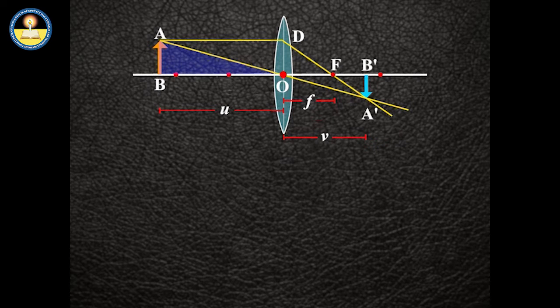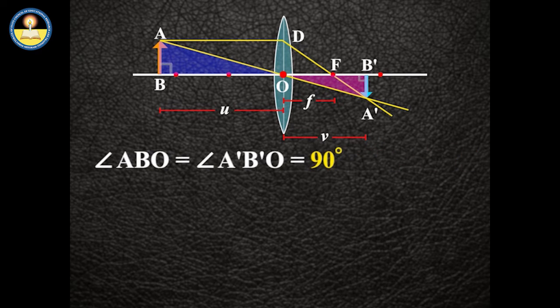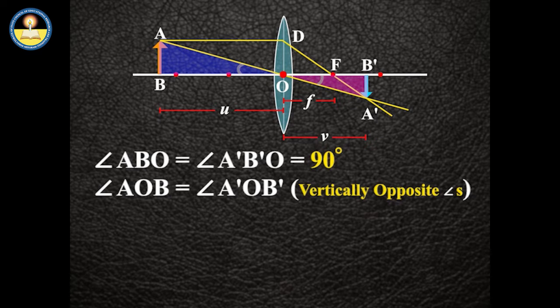In the triangles ABO and A'B'O, the right angle ABO is equal to the angle A'B'O. Angle AOB is also equal to the angle A'OB' as both are vertically opposite angles. Therefore, triangles ABO and A'B'O are similar triangles.